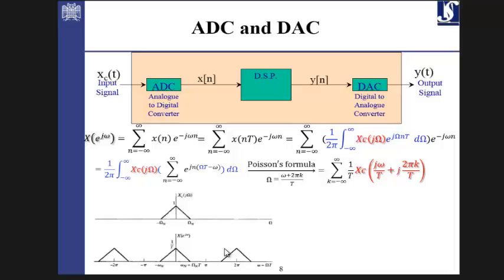So for x of n, because it's DTFT, it is periodic. We know that the CTFT is not a periodic signal. CTFT is normally represented by X as a function of j omega, not e to the power of j omega, and X of j omega is not necessarily periodic.